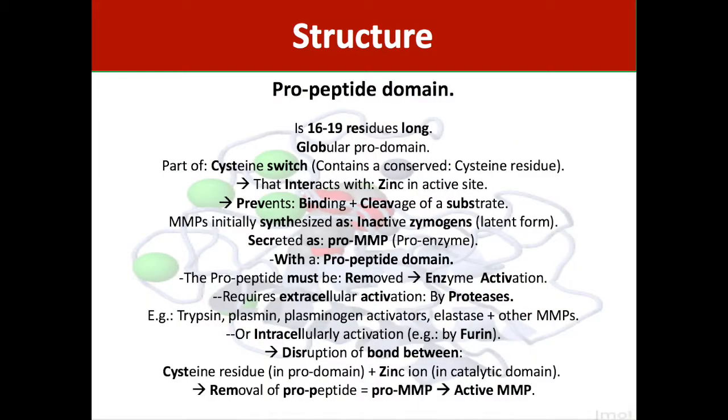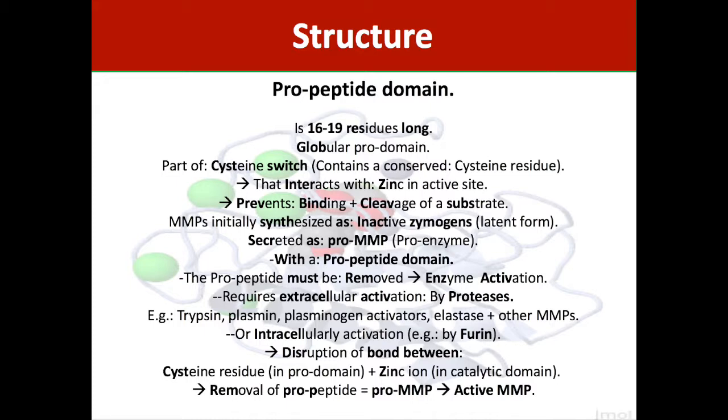The propeptide domain is 16 to 19 residues long, is a globular prodomain, and contains part of the cysteine switch, which contains a conserved cysteine residue. This switch interacts with the zinc in the active site, which prevents binding and cleavage of a substrate. MMPs are initially synthesized as inactive zymogens, which are a latent form, secreted as pro-MMP, which are proenzymes with a propeptide domain.